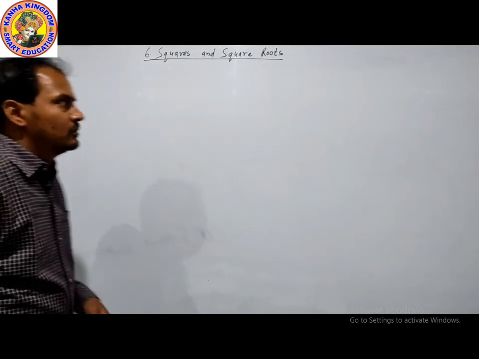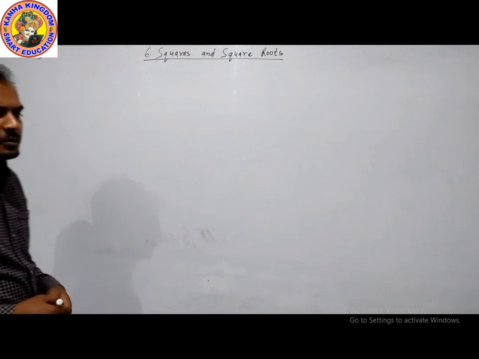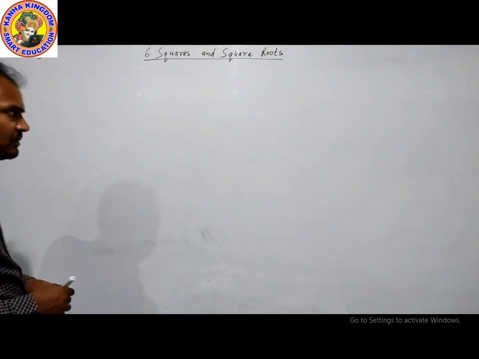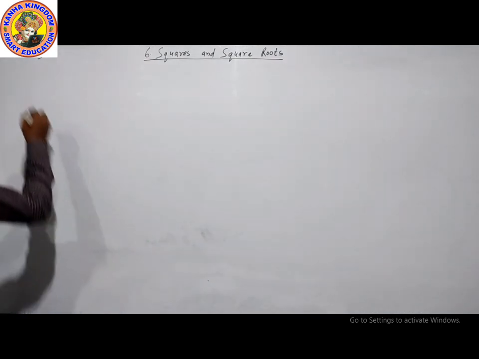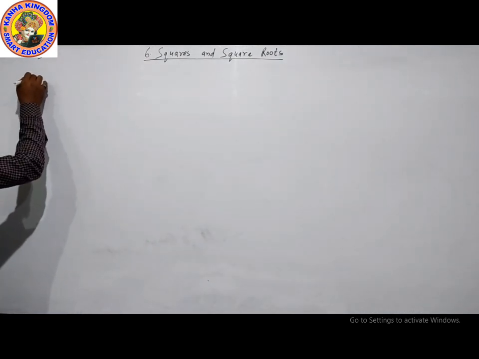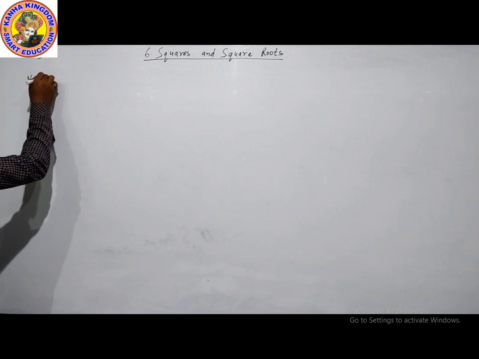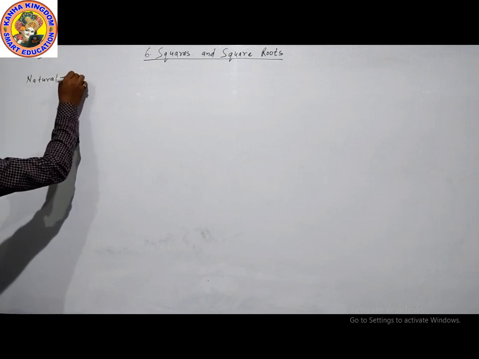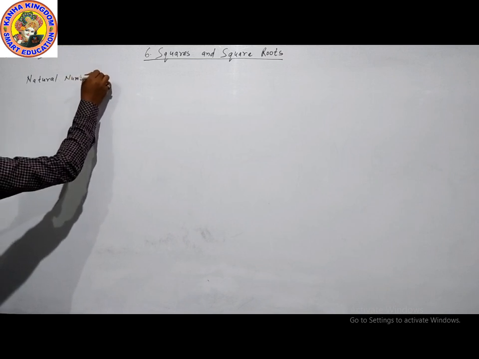Now we read a new word: perfect square number. What is a perfect square number? First of all, we read about natural numbers. What are the natural numbers?